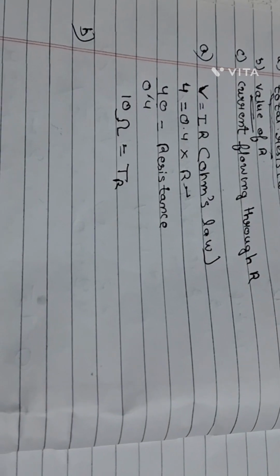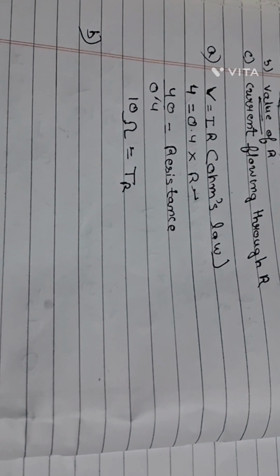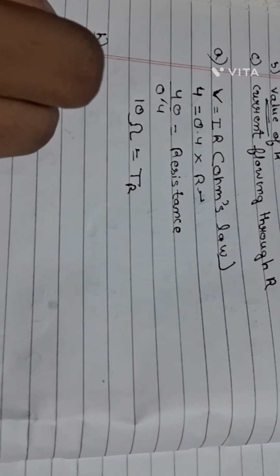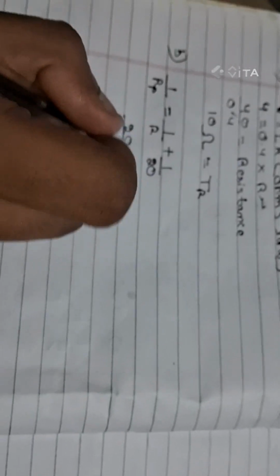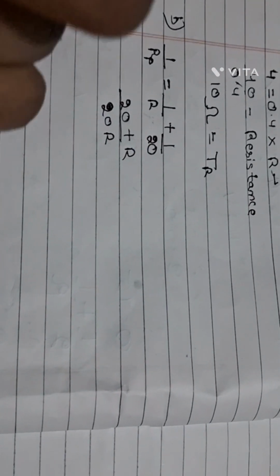Now B part. According to the figure, this has a parallel combination, that is 1 by Rp is equal to 1 by R plus 1 by 20. So we could take the LCM as 20R, giving 20 plus R over 20R. Leave it like this, it will give further information.